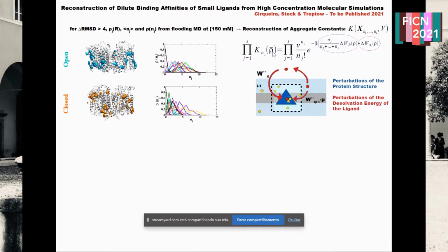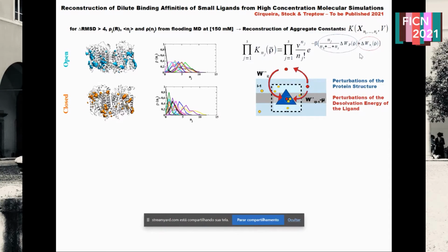As a result of perturbations of the protein structure, which can be very different at high concentration from the dilute situation, and as a result of perturbations of the solvation free energy of the ligand itself, which can be very different from the ideal situation as a result of self-interactions in a highly concentrated environment.